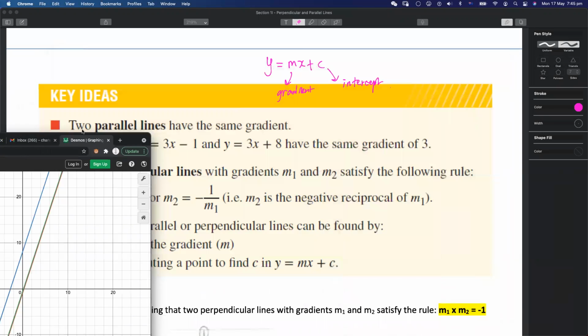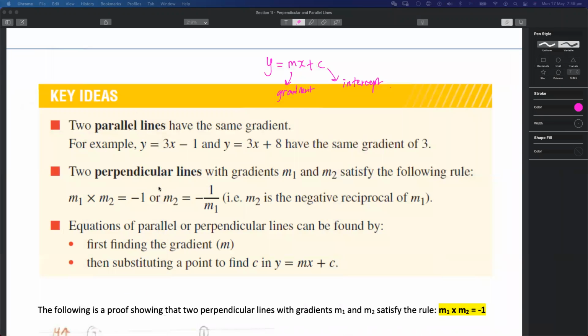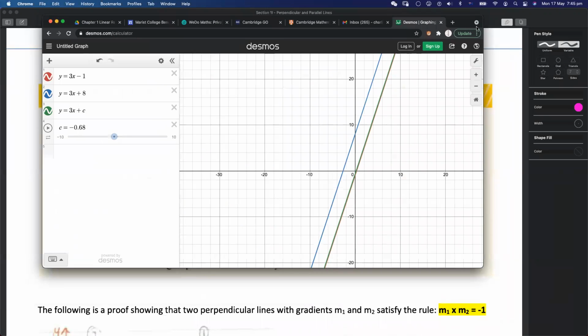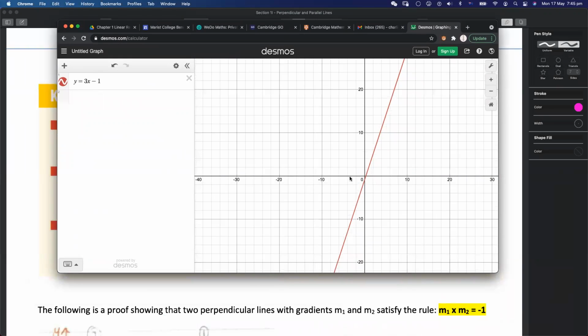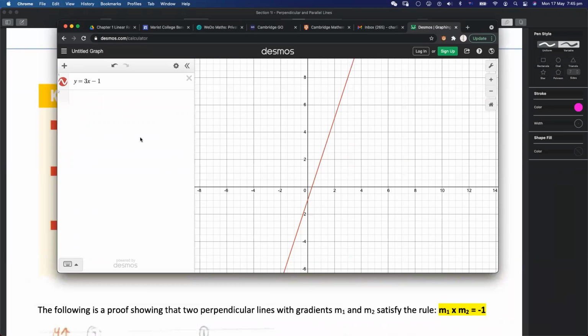Next, two perpendicular lines with gradients m1 and m2 satisfy the following rule: the product of m1 and m2 is equal to -1. For example, I have y = 3x minus 1 as my red line, which means my gradient is 3.